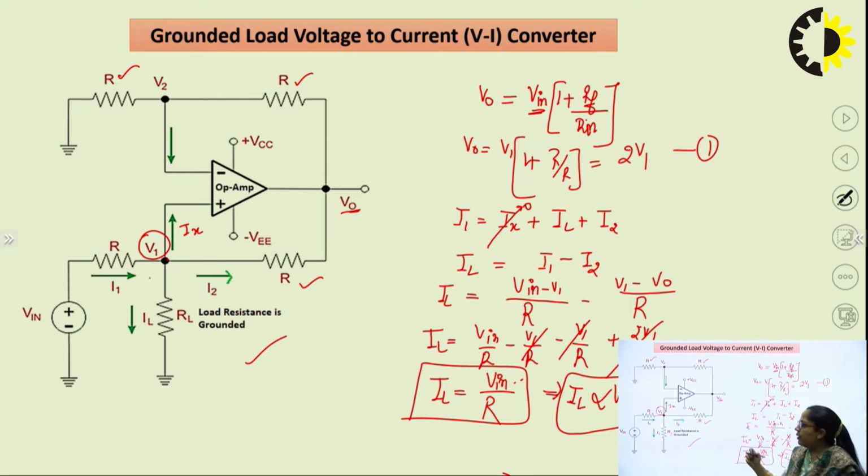It is not like we can keep any value of RL and IL will not get affected by RL. It holds for lower values of RL. Within a particular range, even if we change the value of RL, IL will be proportional to V in. Got it? So this is how we can convert voltage into its equivalent amount of current.